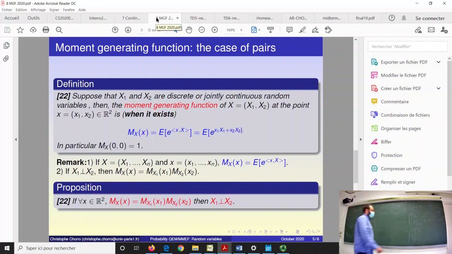It's just the scalar product. So if I give a name, where x is the vector (x1, ..., xn), and capital X is the vector of random variables.